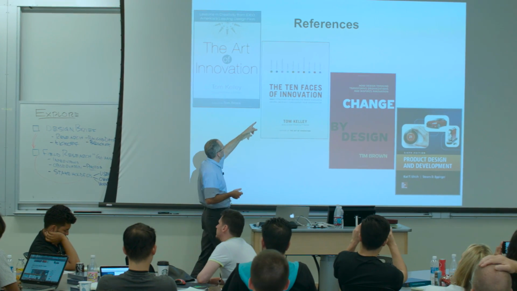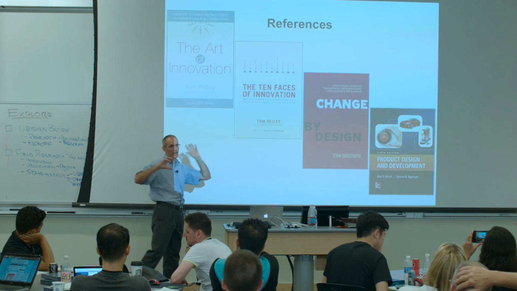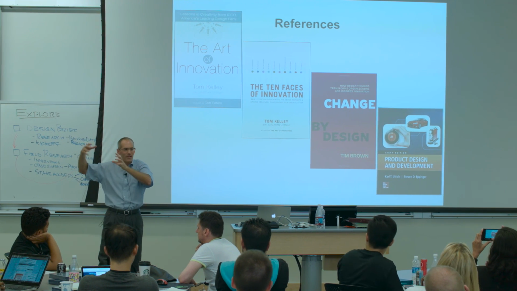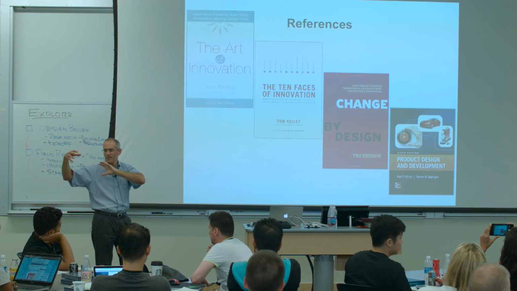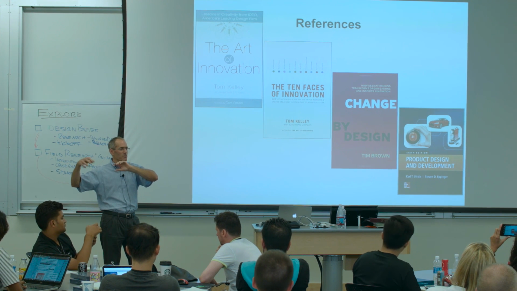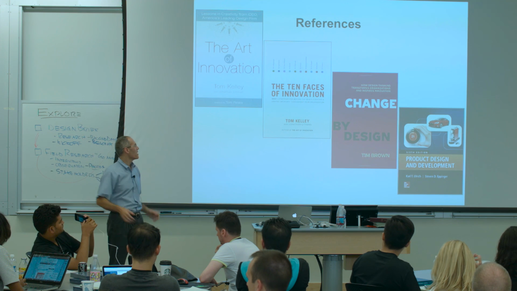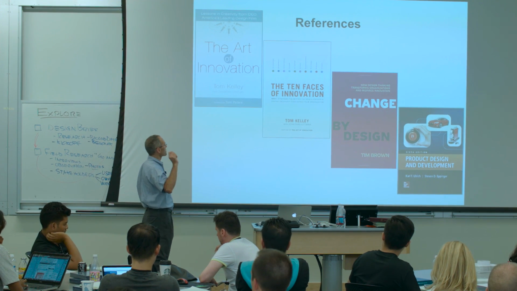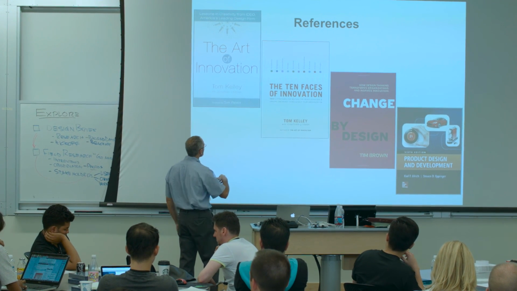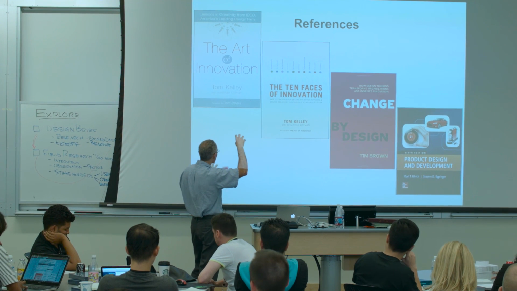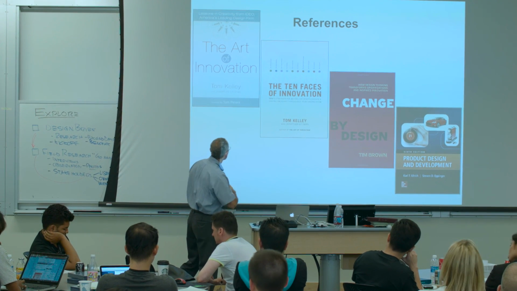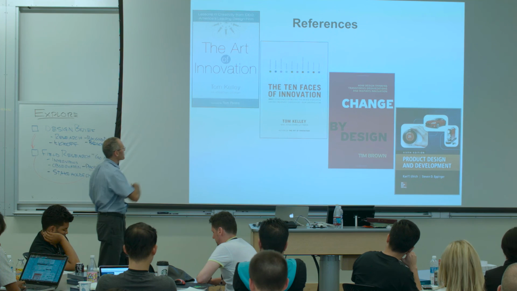I love this one, The 10 Faces of Innovation. He talks about how different types of players, people, can contribute in different ways on those teams. It really brings up that point about that eclectic mix of not just different backgrounds, but the roles they play. And they have roles like the caregiver and the player and the experienced architect and stuff like that.